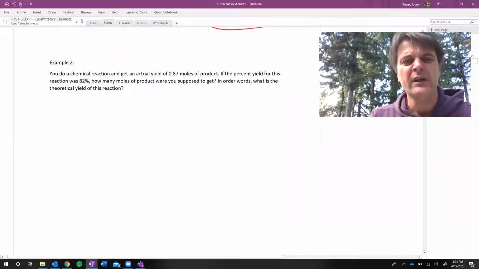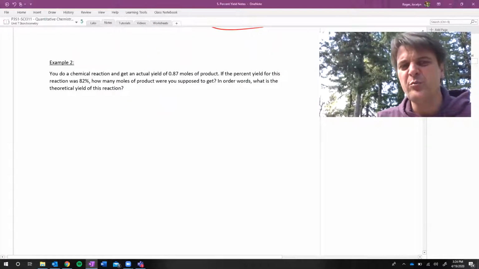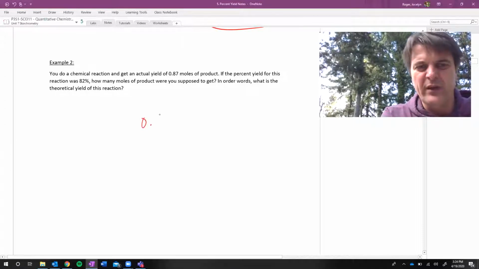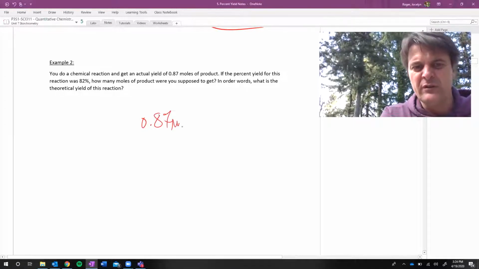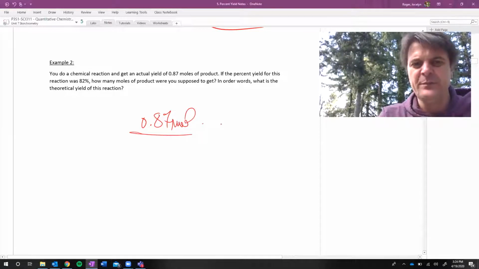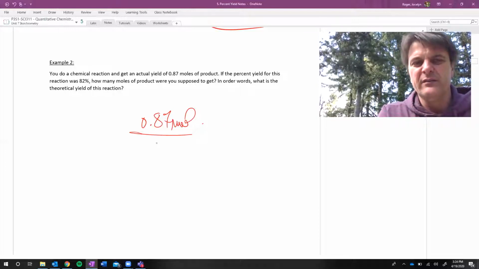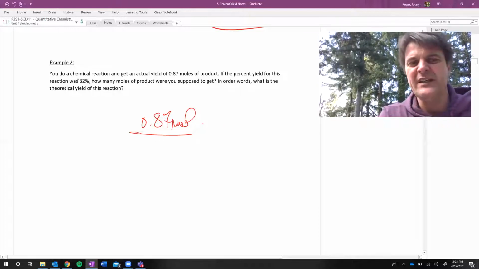Example number 2 says that your actual yield is 0.87 moles. That's the actual yield. Now in this case, they want to know the theoretical yield, and they're saying that you obtained 82%.